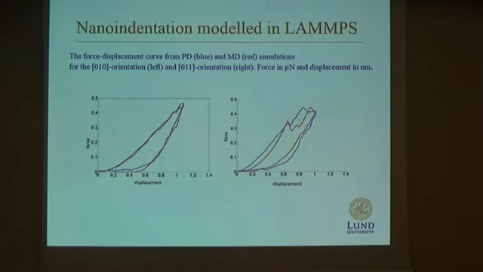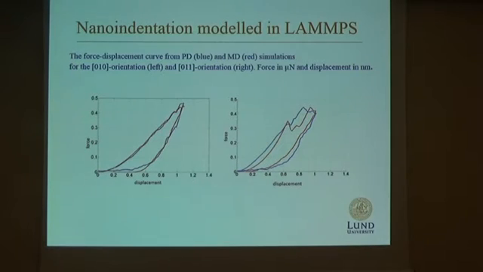The red curves are the results obtained from the MD simulations, and the blue curves are obtained with the peridynamic simulations. What I didn't mention is that the peridynamic model is also implemented in LAMMPS, since both MD and PD models have the same structure. So the peridynamic simulations are also performed in LAMMPS.